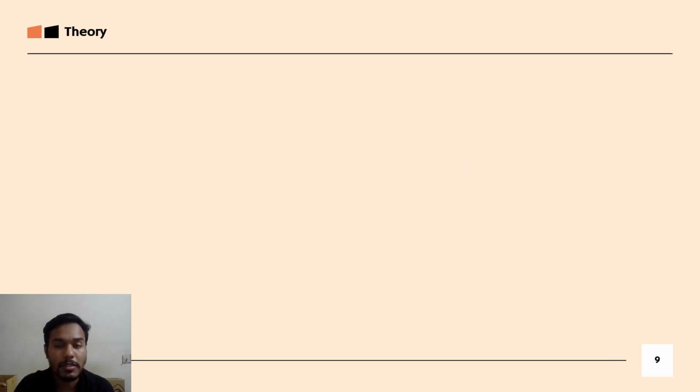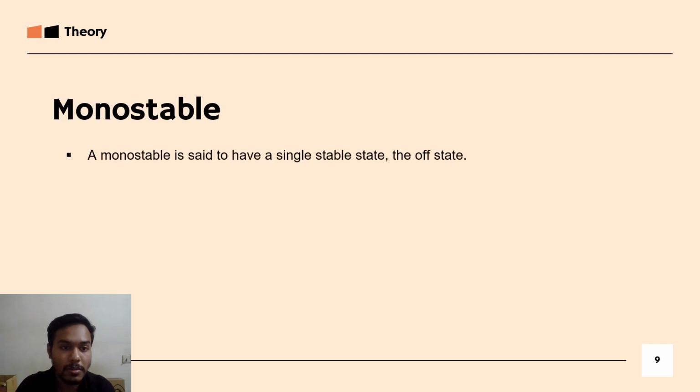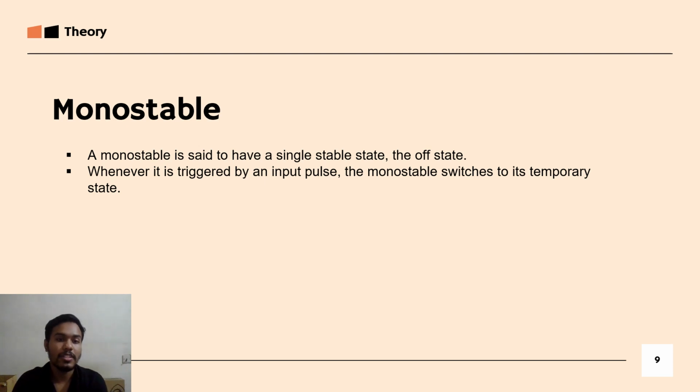And my other part is monostable. A monostable is said to have a single stable state, the off state. Whenever it is triggered by an input pulse, the monostable switches to its temporary state.